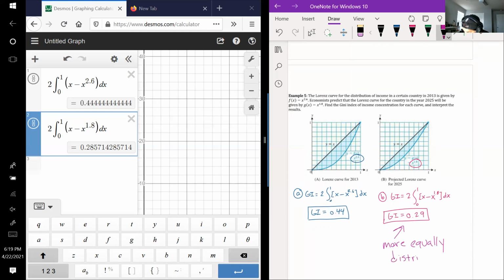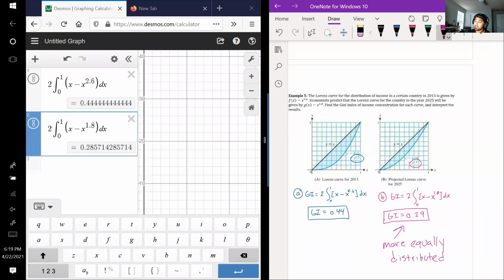So we are predicting, or whoever made up these functions, they are predicting that this certain country in 2025, the income will be more equally distributed. And in 2013, we see it's 0.44. It's a little high. It's close to half. And their income is not that equally distributed.